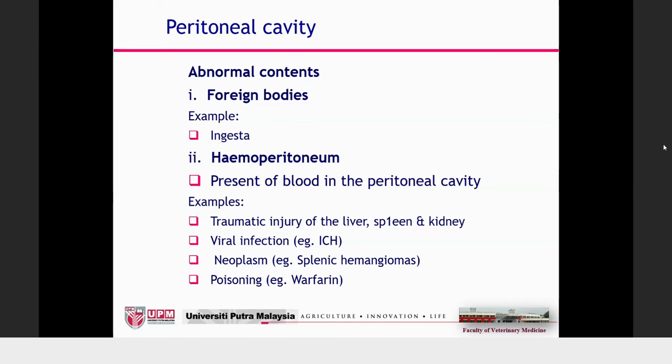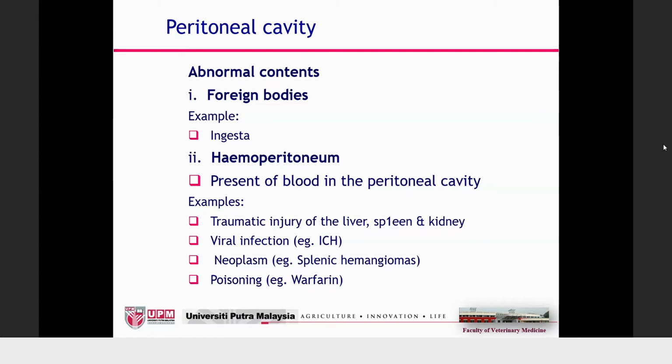So it's very important to differentiate between postmortem change, or in this case normally an agonal change, during handling of the dead carcass leading to rupture of the stomach. You must look for tissue response to injury. Another possible abnormal content is hemoperitoneum, meaning the presence of blood in the peritoneal cavity.